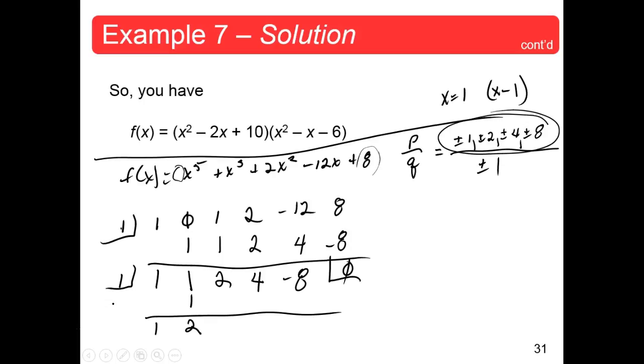You need to practice that one. 2, 4, 4, 8, 8, 0. Another winner. So not just x equals 1 is a 0. It's a second 0. X equals 1 is my other 0. That means x minus 1 squared is going to be a factor.